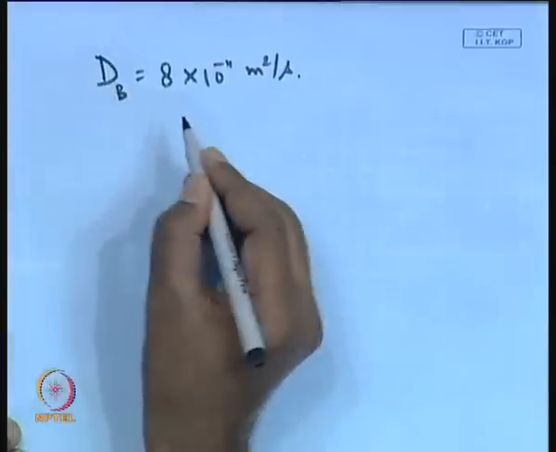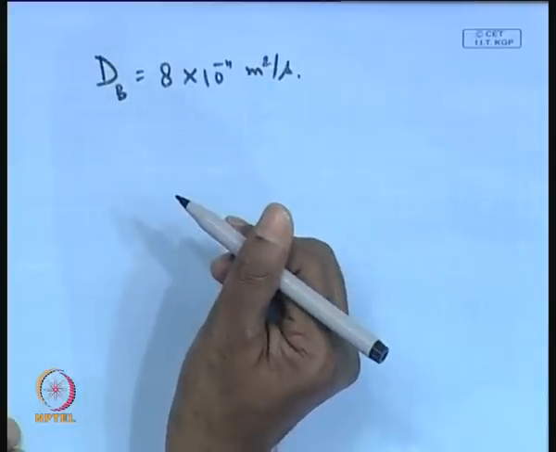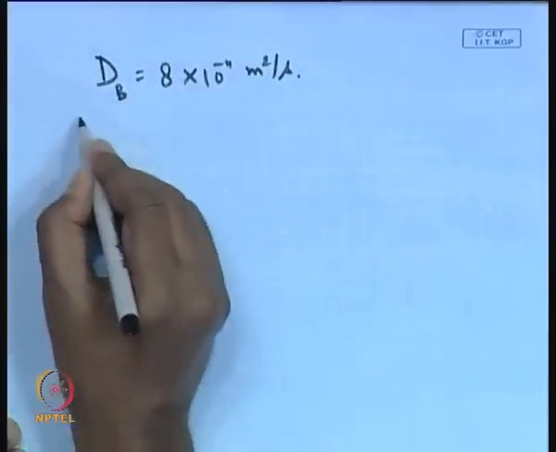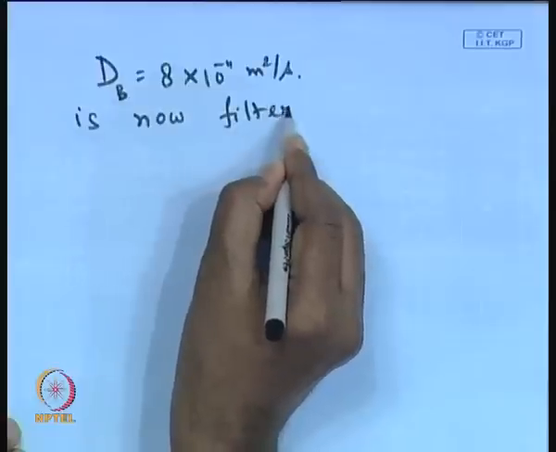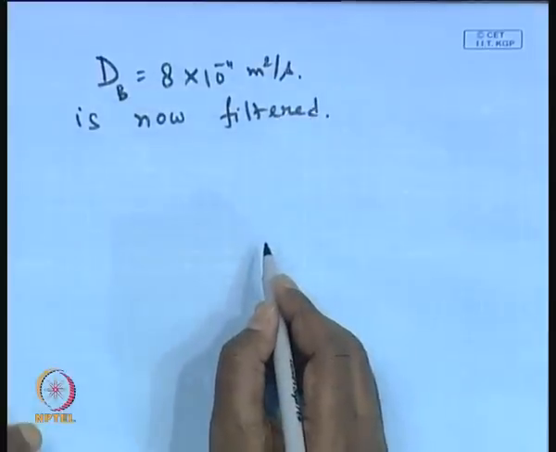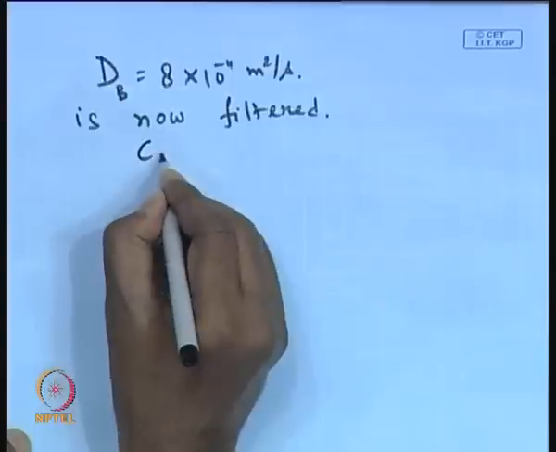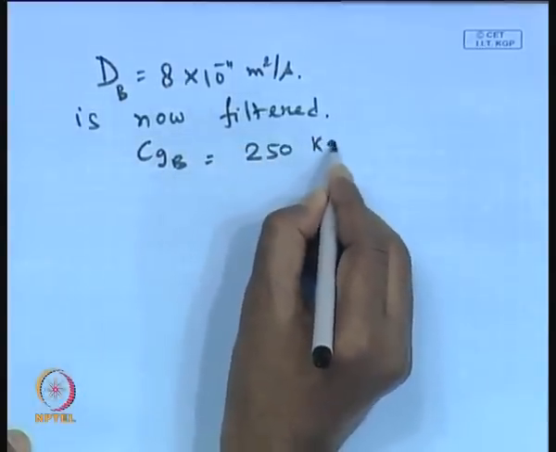So, this is basically protein B, and using the same filtration cell, the protein B with these properties is now being filtered in the same filtration cell. It also forms a gel, and gel layer concentration of this particular protein is 250 kg per meter cube.